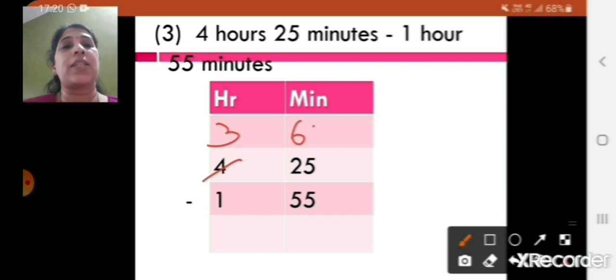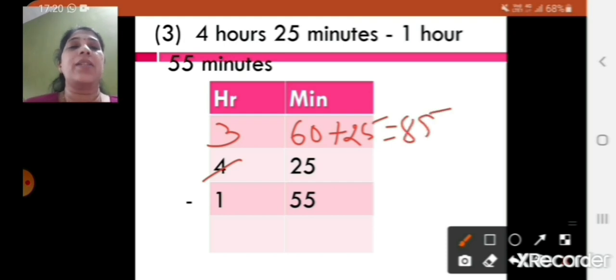So 60 plus 25 becomes 85. Now you can do the subtraction. 85 minus 55: 5 minus 5 is 0, and 8 minus 5 is 3. Now 3 minus 1 is 2. So you get the answer as 2 hours 30 minutes.